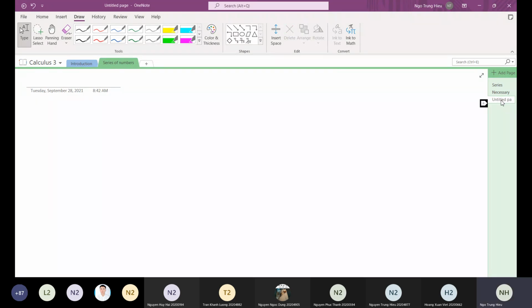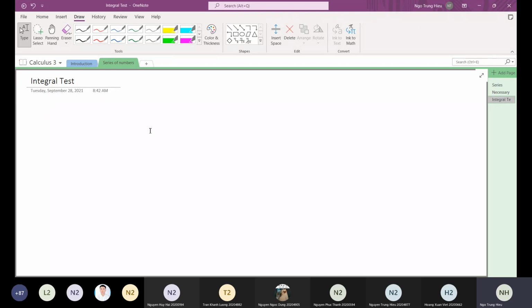So our first sufficient condition will be called the integral test, and it applies for positive series.